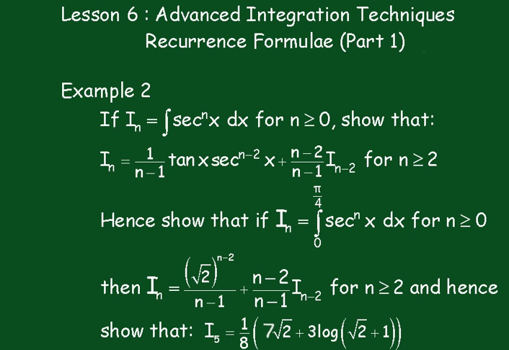Hence show that if In equals the integral between pi upon 4 and 0 of sec x to the power n dx for n greater than or equal to 0, then In equals the square root of 2 raised to the n minus 2 over n minus 1 plus n minus 2 over n minus 1 In minus 2 for n greater than or equal to 2, and hence show that I5 equals 1/8 of 7 root 2 plus 3 log root 2 plus 1.